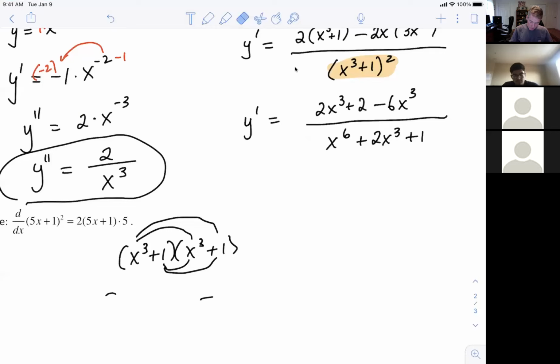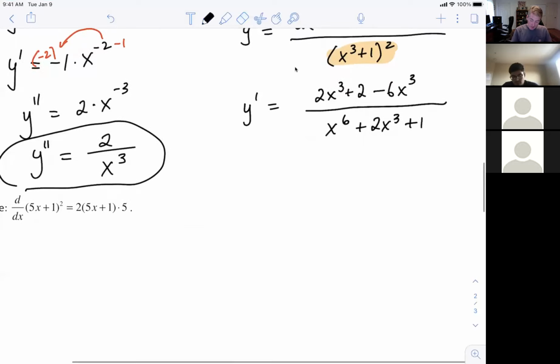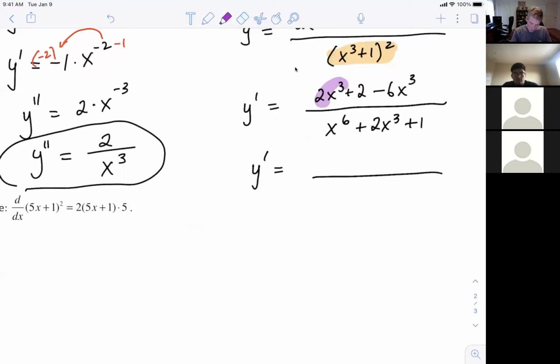Okay, so that was my scratch paper. Then I still need to simplify this before I could take the second derivative, because on the top, I could combine those two terms.